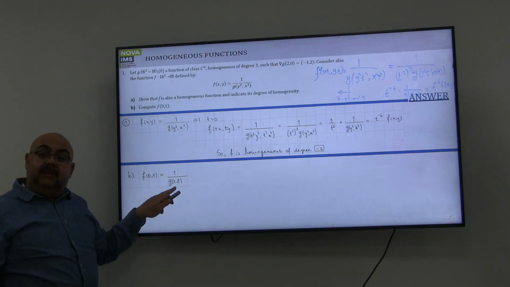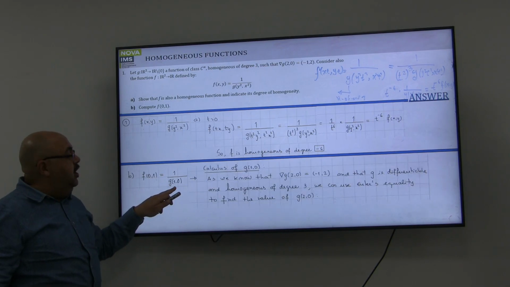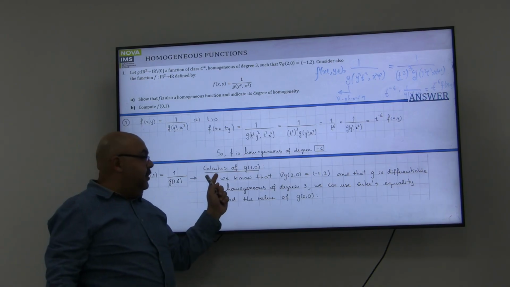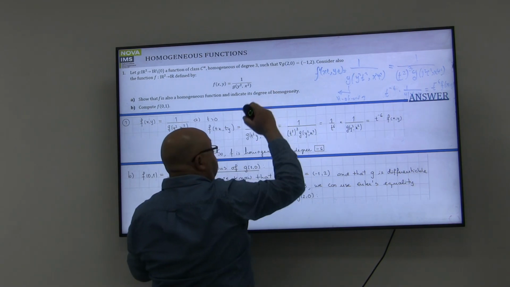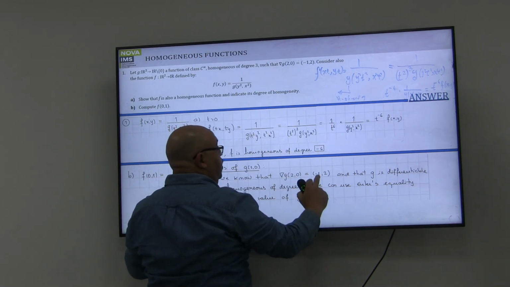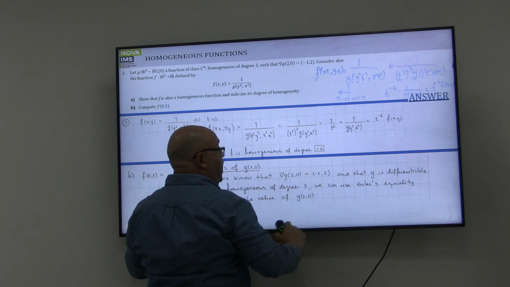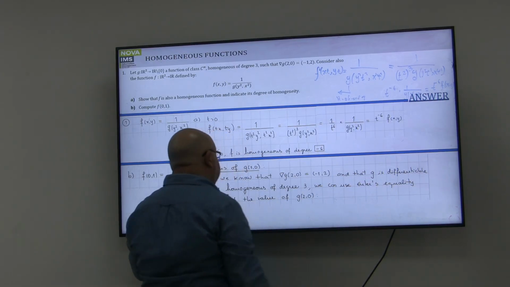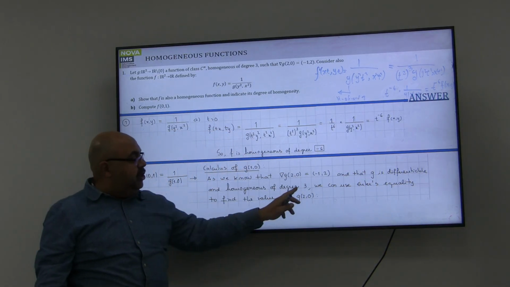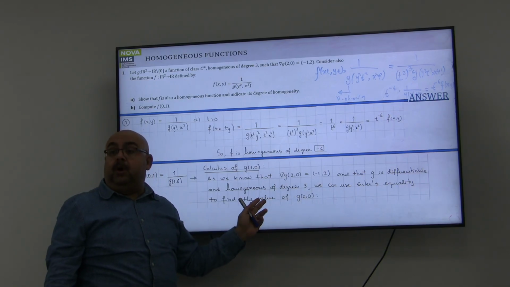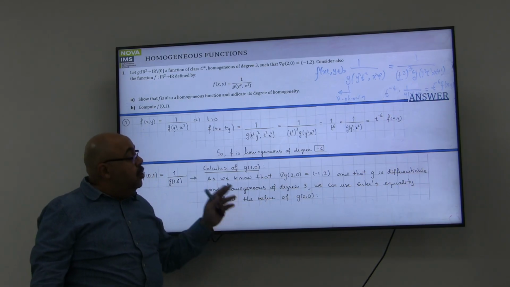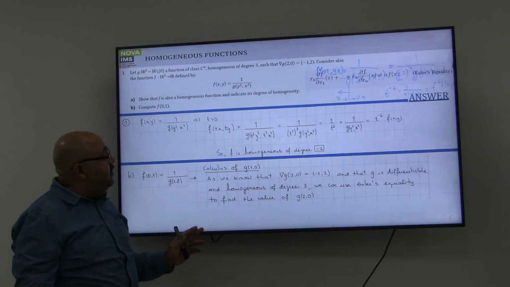But instead, I can use Euler theory. If you remember, I have the gradient vector at 2 and 0 equal to negative 1 and 2, and that g is differentiable and homogeneous of degree 3. So we can use Euler equality or Euler equation. Euler equation states the following.